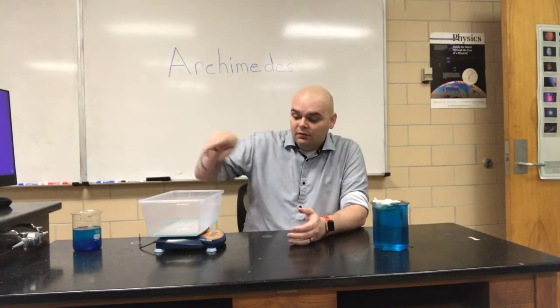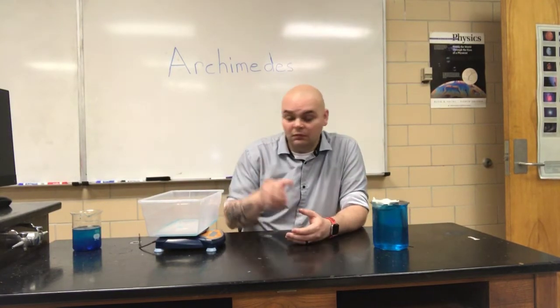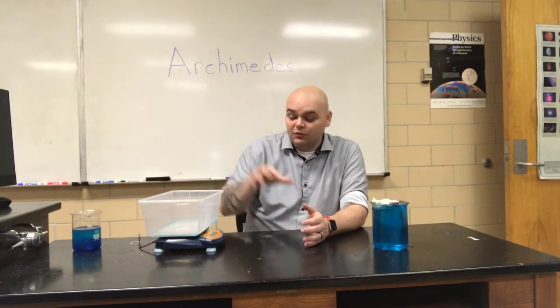If I don't have a scale that has a 0 function or a tare function, then what I would do is take the weight or the mass of the tray, and then weigh the tray with the water in it, and subtract the weight of the tray from the weight of the tray with the water.